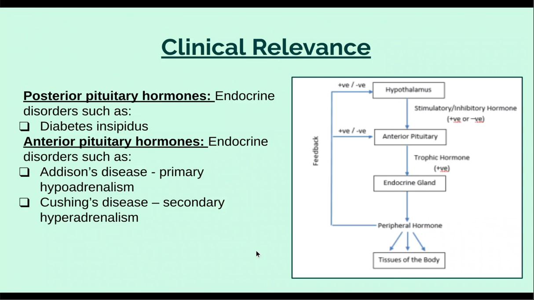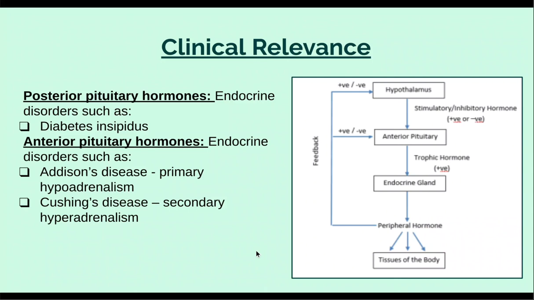In Cushing's disease, it's when your body produces too much cortisol. So your adrenal gland produces too much cortisol, and this results in weight gain and fatty tissue deposits, especially in the midsection. And you have certain stretch marks as well on the skin of the abdomen, or even the thigh, for example.